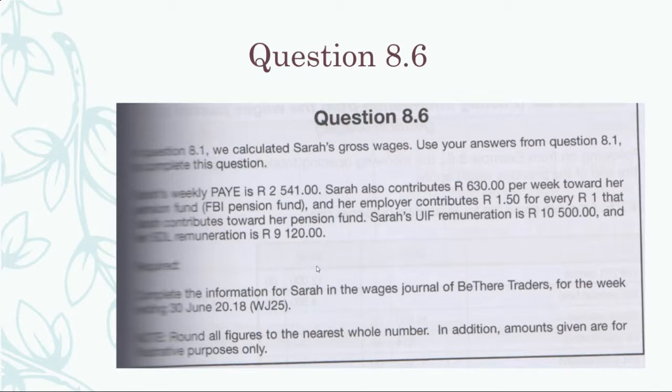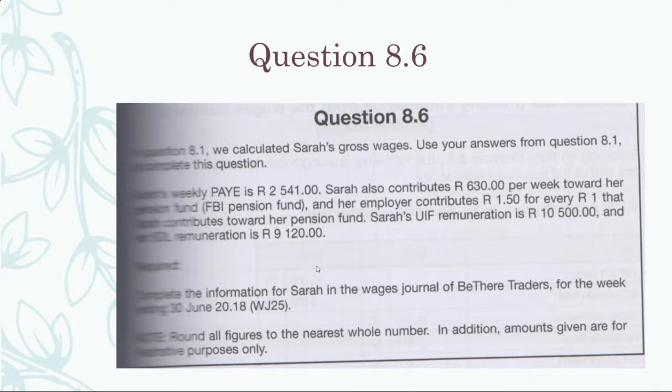She contributes 630 towards a pension fund, her employer contributes 1 Rand 50 for every 1 Rand, and her UIF remuneration is 10,500 and SDL remuneration is 9,120. Okay, so the information we need to get out of question 8.1, let's quickly page back to that.